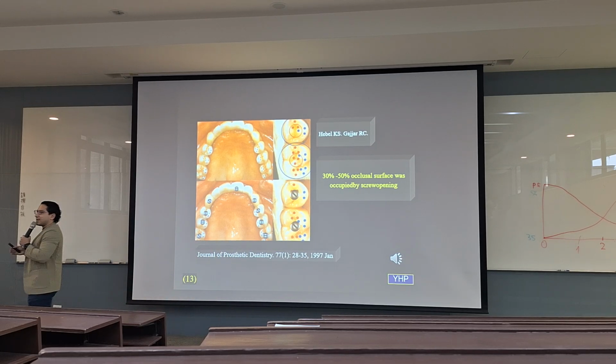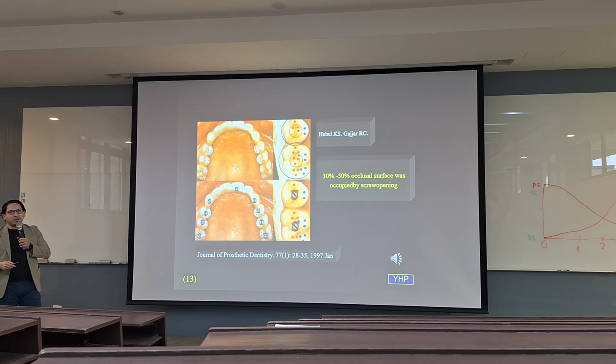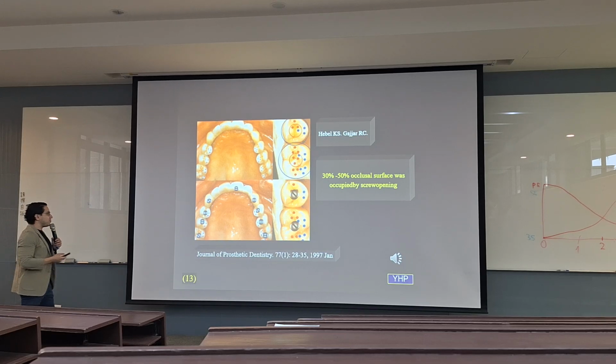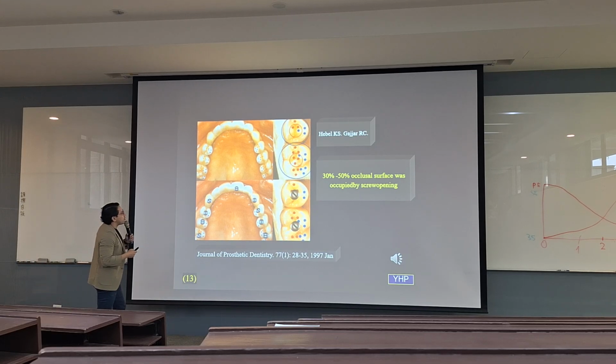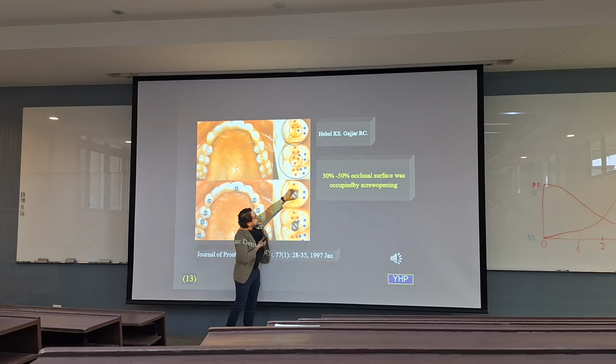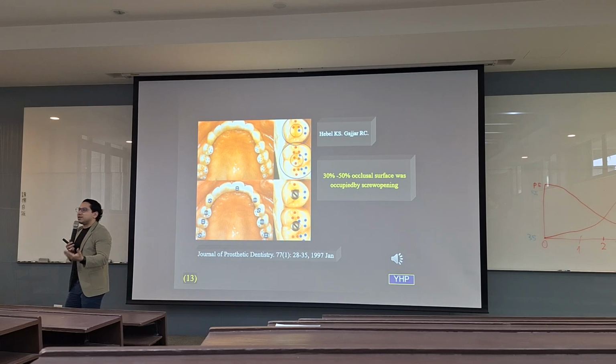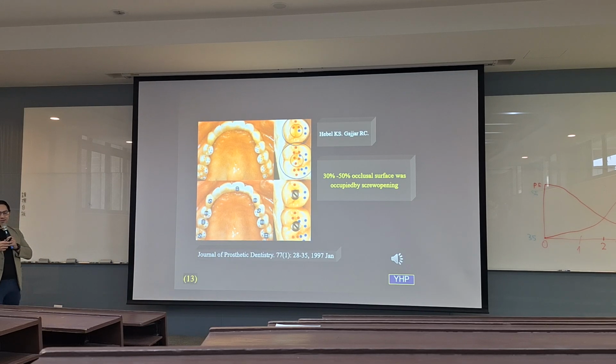That's really important, because when you're making your provisionals, you need to choose where those contact points are going to work. Sometimes you can move them a little bit more mesial, a little bit more distal, or you can change the anatomy of the crown so this screw can go a little bit more distal or mesial, so your occlusal contact points still work, and you still have some balance. Okay?